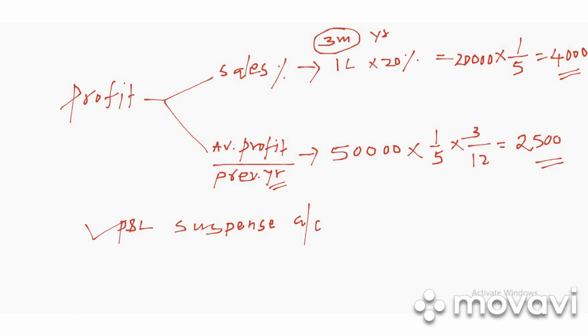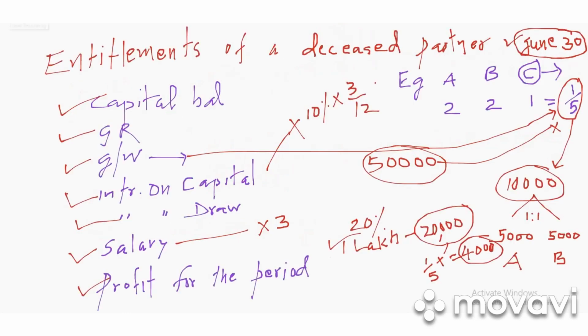So the amount will be worked out and totaled, and the balance will be transferred to the deceased partner's executor's account. So dear students, this will be the accounting treatment of the deceased partner's capital account. I hope you understood all the adjustments.